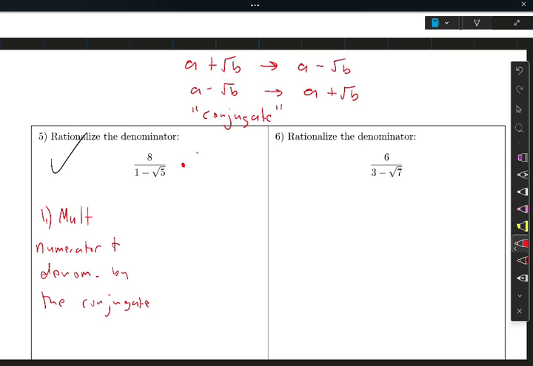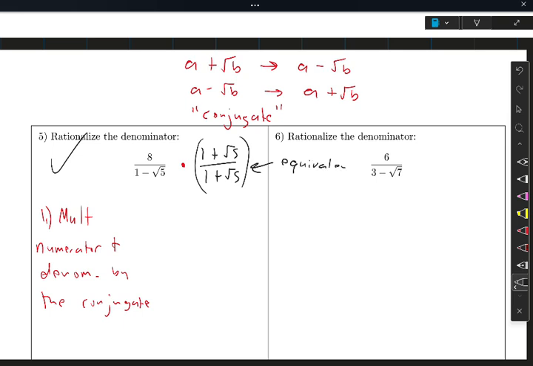So we're going to say right here, 1 plus root 5 over 1 plus root 5. We're multiplying this by 1. This fraction right here is equivalent to 1. So that is legal. It is okay to multiply this by 1. You can multiply any fraction by 1, and everything is okay. It's still going to be equivalent. So that's why we're doing both the numerator and denominator.